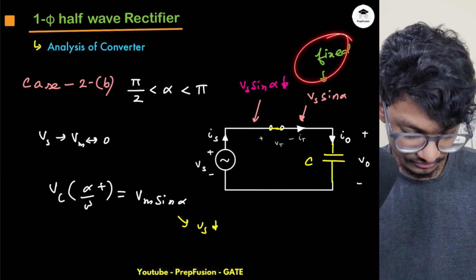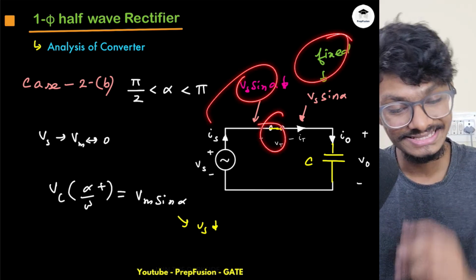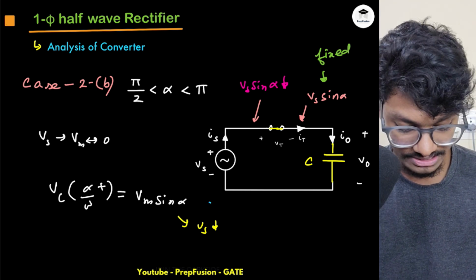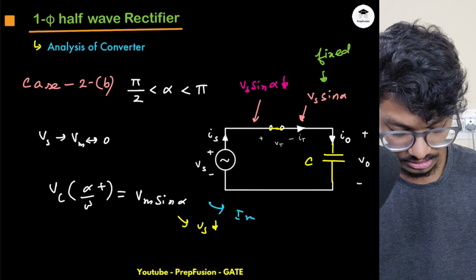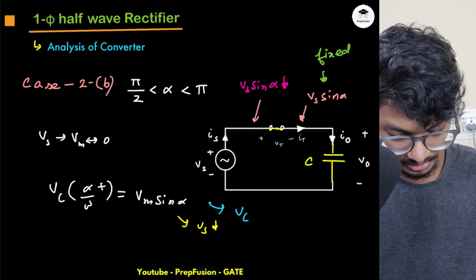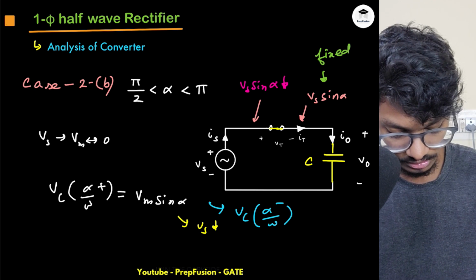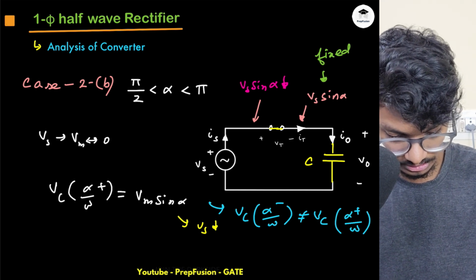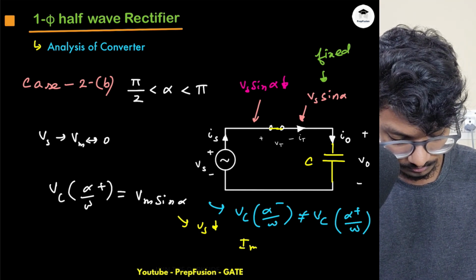So this is fixed and this is reducing, so obviously instantly it will turn off. Here an impulse current will again flow and it will instantly charge, as my VC of alpha minus by omega is not equal to VC of alpha plus by omega. Hence an impulse current will flow.